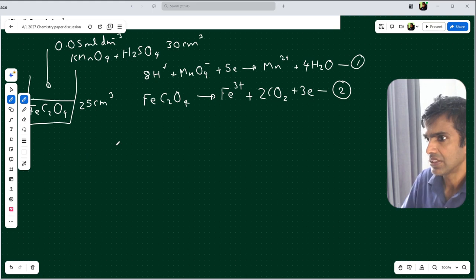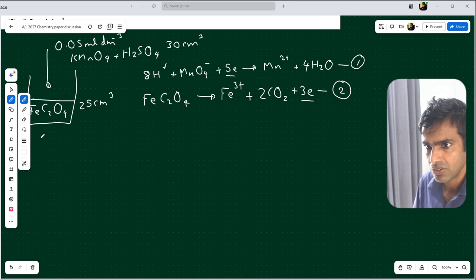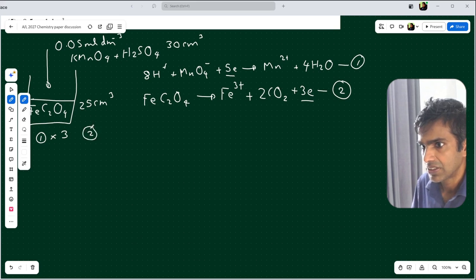Now we can add these two equations. 5 electrons were gained, 3 electrons were released. So we need to multiply first equation by 3, second equation by 5. Then we can add those two resulting equations.